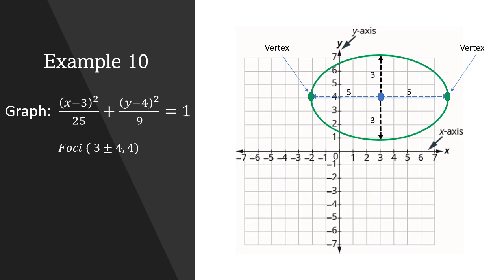So again, this is my a squared. This one is my b squared. And c squared is a squared minus b squared.